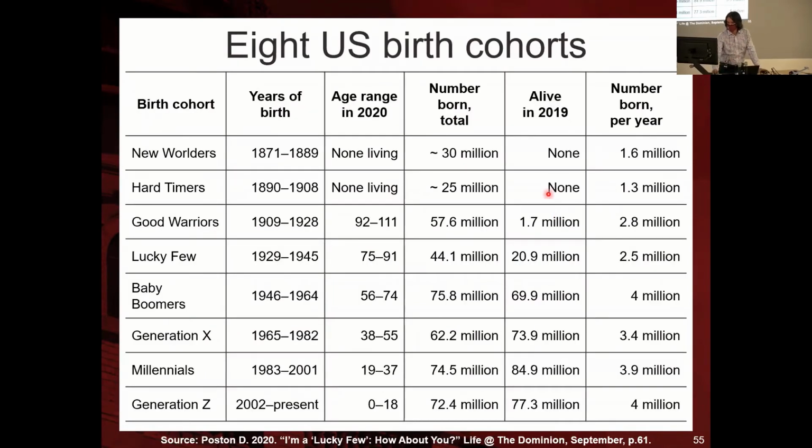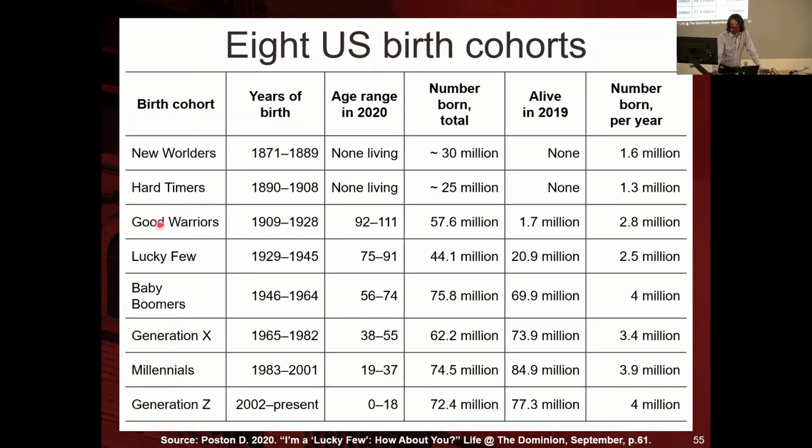And Dudley Poston, the author of our textbook, just wrote this short article, and he put this table there for all these different cohorts: the New Worlders, Hard Timers, Good Warriors. The Good Warriors are also called the Greatest Generation because they were born right around the Great Depression, the 1930s, and they were the ones who fought World War II.